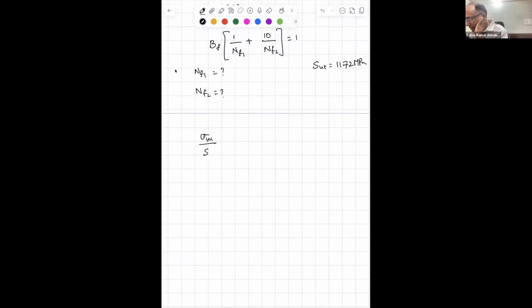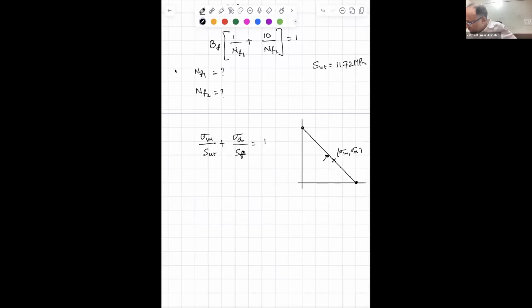Sigma M by SUT plus sigma A by SF is equal to 1. So we need to find this in the Goodman diagram. Let us say this is my sigma M comma sigma A, and that is what I need to find out.